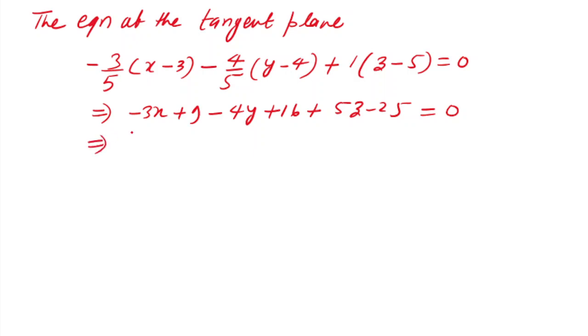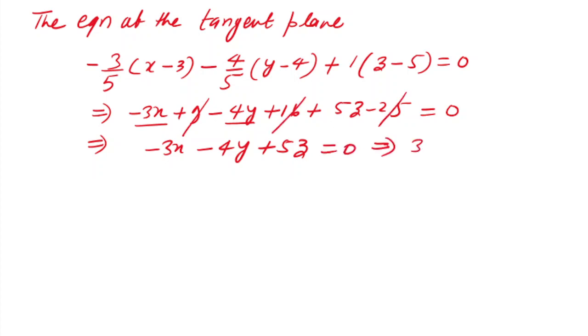So basically what I got is -3x minus 4y plus 5z, and here we have 9 and 16 and -25, that will cancel. So which can be written as 3x plus 4y minus 5z is equal to 0. So this is the equation of the tangent plane.